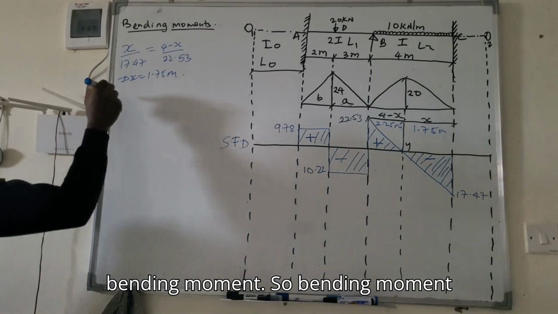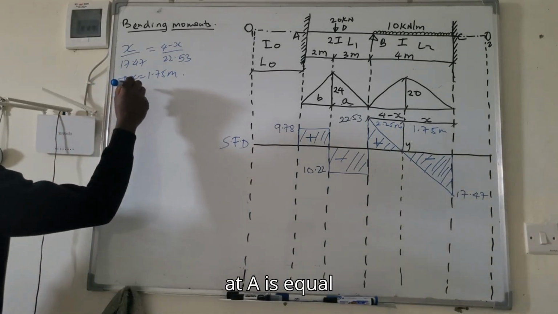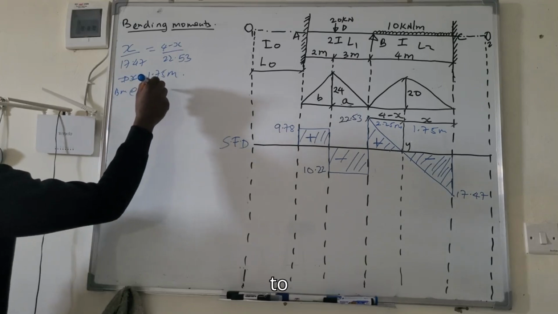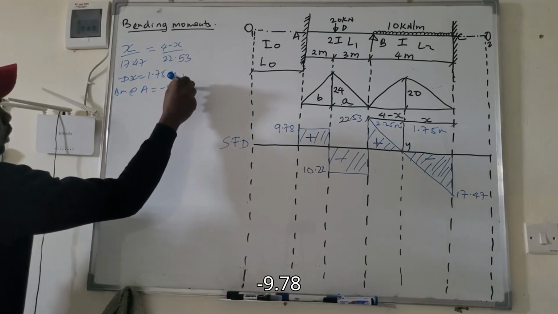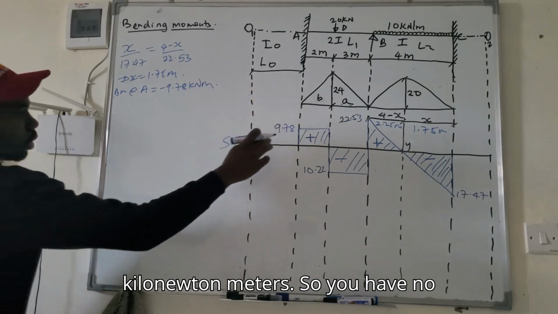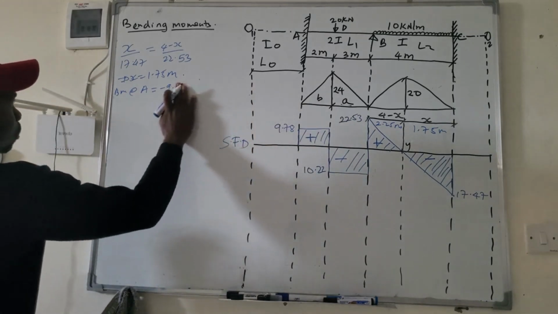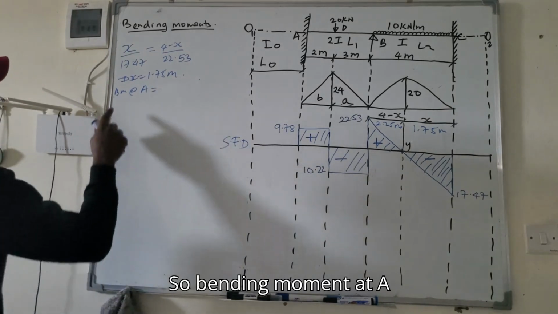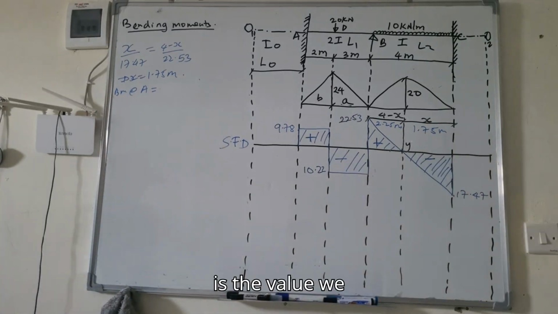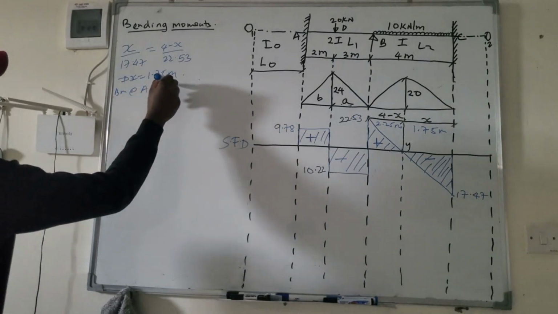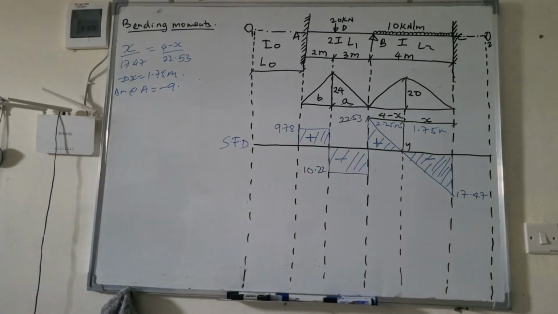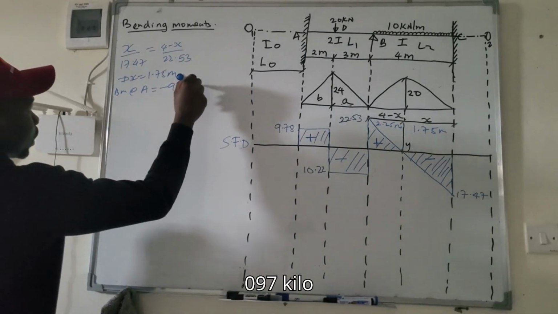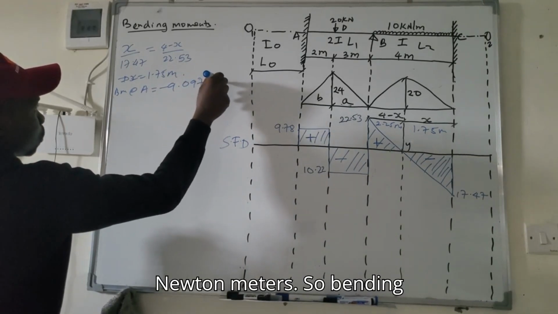So bending moment at A is the value we calculated from our three equations. So that is negative 9.097 kilonewton meters.